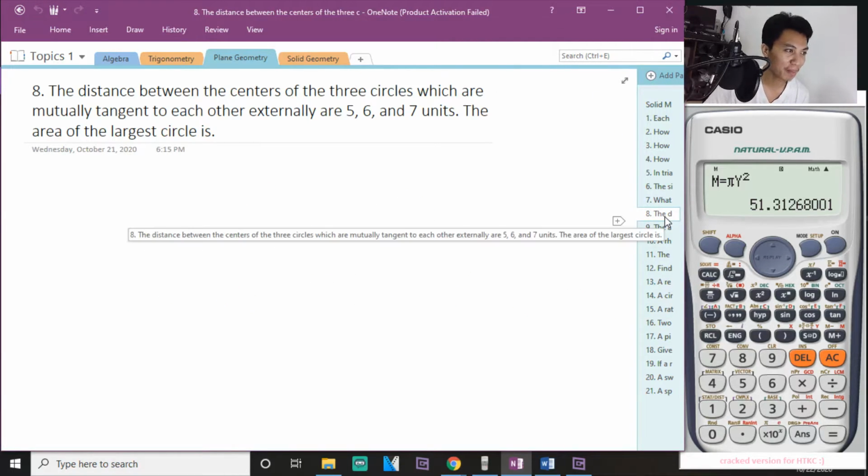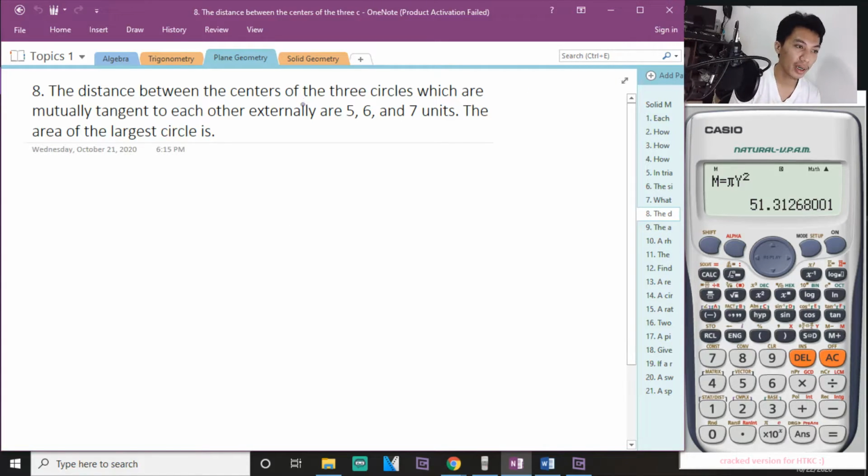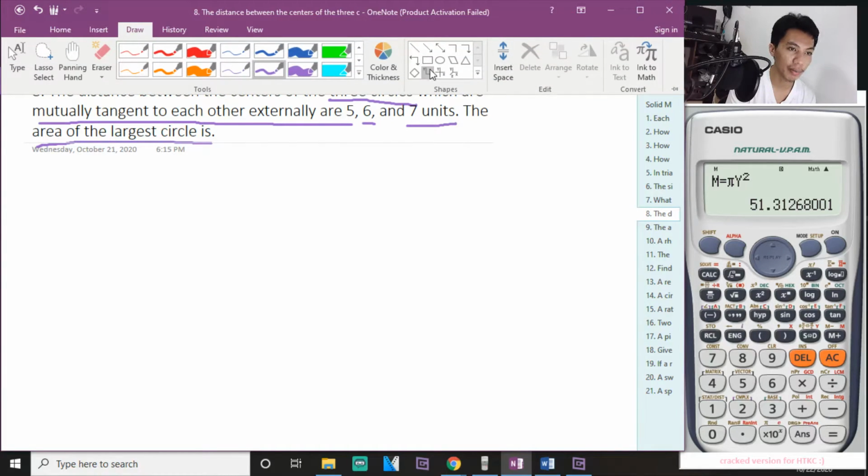So for number 8, a distance between the centers of 3 circles, which are mutually tangent to each other externally, are 5, 6, and 7 units. The area of the largest circle is, magdodrawing ulit tayo.